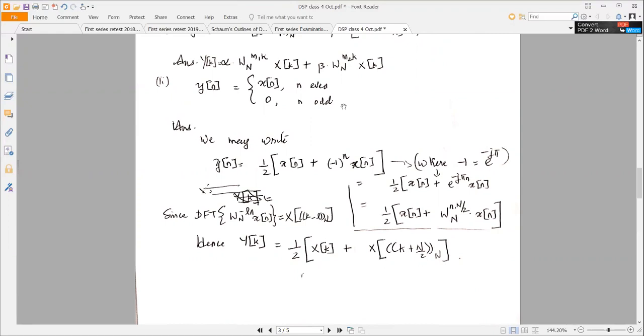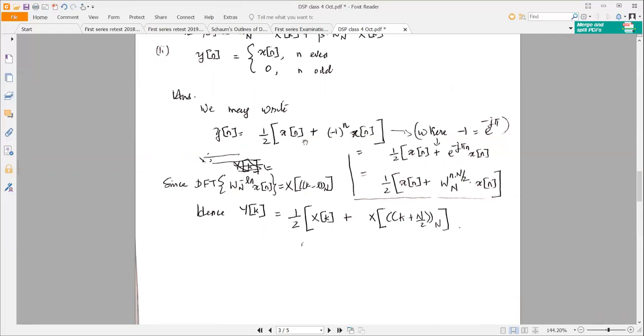If x of n had N samples, then you will have N samples in y of n also. But the only difference is that y of n will have only the even samples of x of n as its non-zero values. So the odd values should cancel out. If you observe closely, you can write y of n is equal to 1 by 2 into x of n plus minus 1 the whole raised to n into x of n.